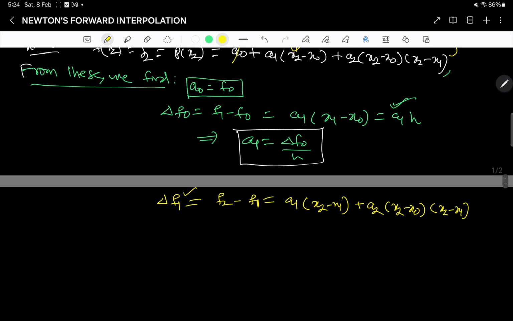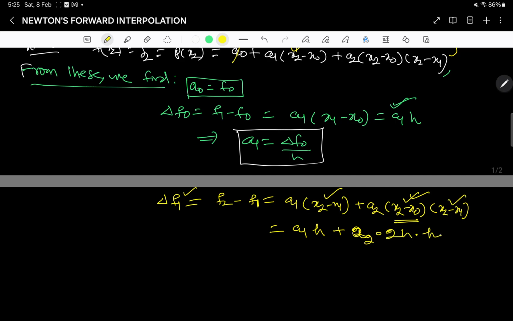Here you see x2 minus x1, the gap is h, a1h, and x2 minus x0, the gap is 2h, and this gap is h.